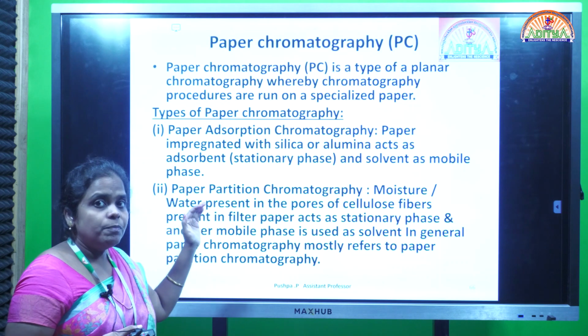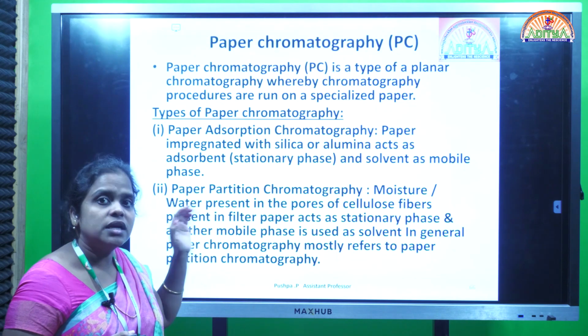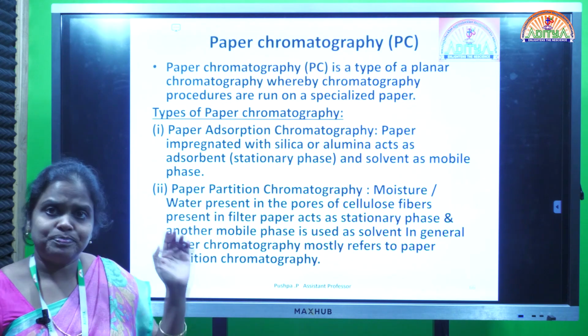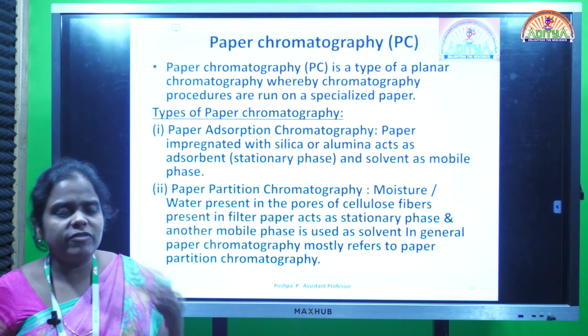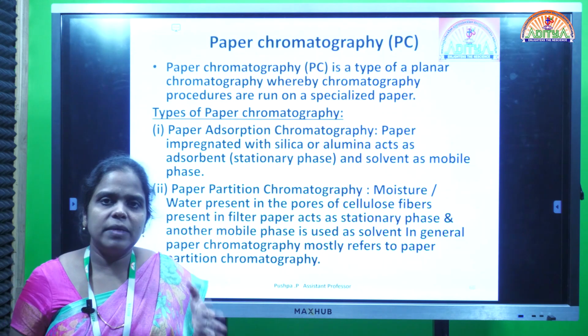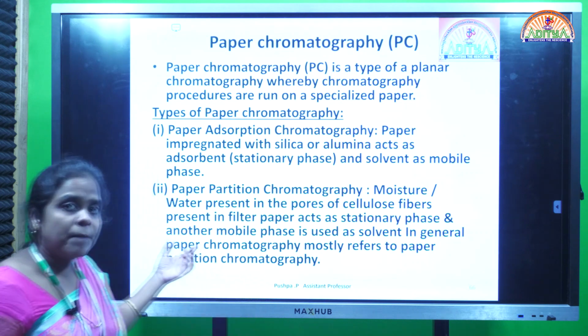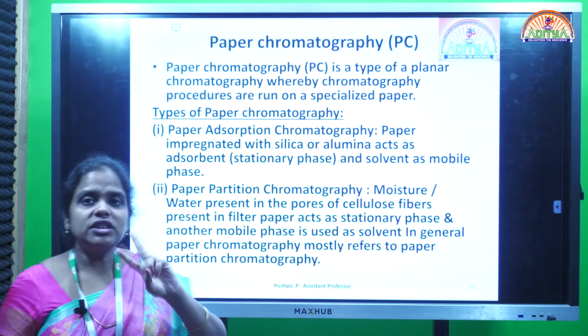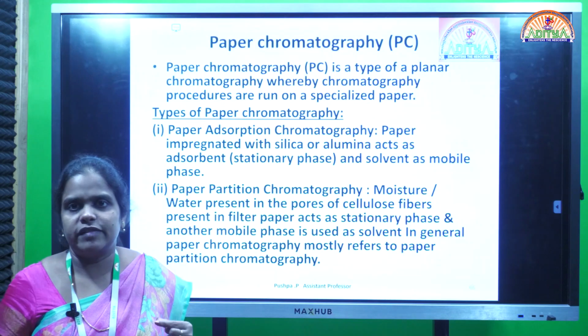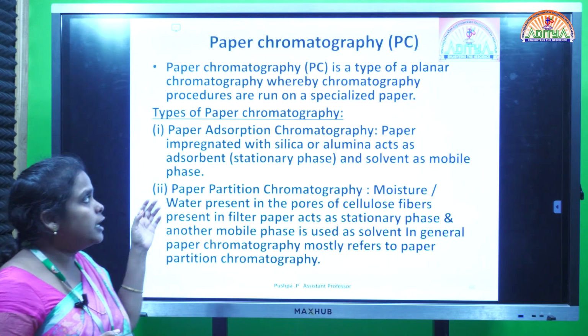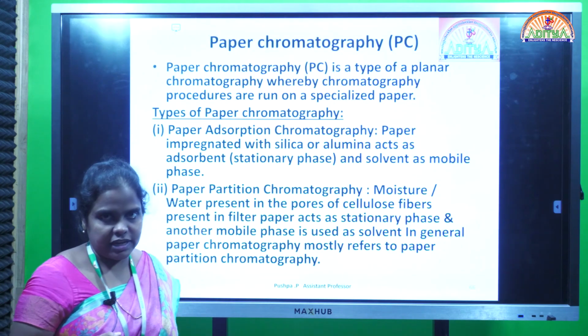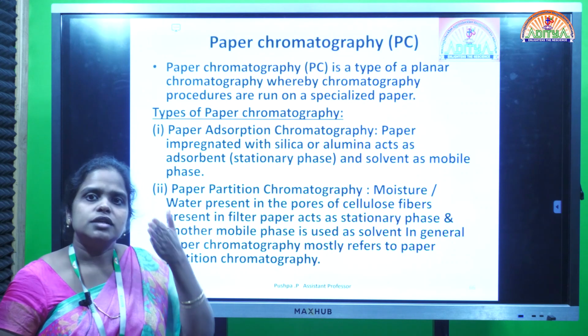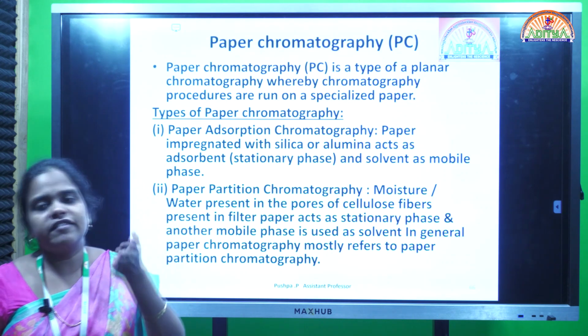I already told you adsorption chromatography means the stationary phase is solid and obviously the mobile phase will be liquid. Whereas partition chromatography means both the stationary phase and mobile phase will be liquid only. So in paper adsorption chromatography we use a solid stationary phase and a liquid mobile phase.